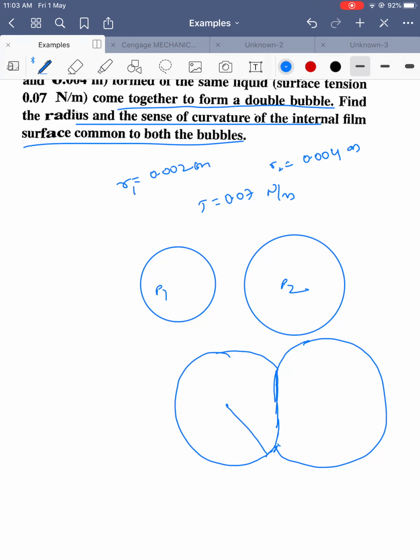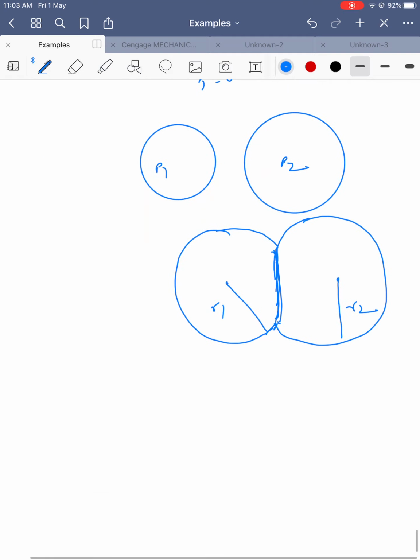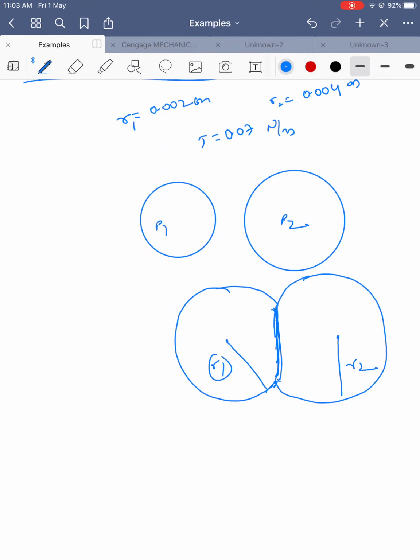I am just drawing this, this is R1 and there is R2, but this internal surface which is in contact will have neither R1 nor R2, it has a different radius. Okay, a curved surface, so will the radius be towards the small bubble or the bigger bubble? What we discussed about curvature is that the concave side should have more pressure, P1 and P2. So wherever there is more pressure, the bending will be opposite to that.